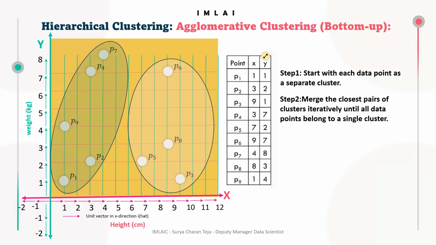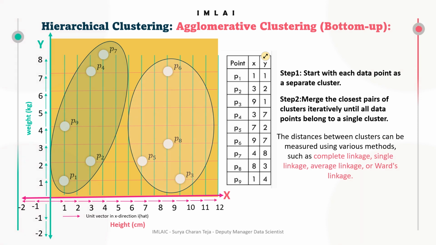Now what's next? The distances between clusters can be measured. You initially started with the assumption that each data point is a separate cluster. Then you merge the closest pairs of clusters iteratively until all data points belong to a single cluster.